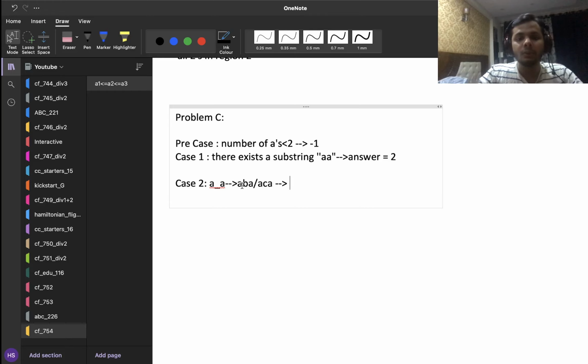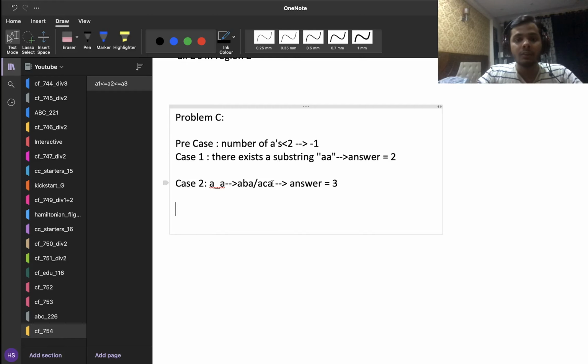Again, in both these cases, that particular substring is good enough because it satisfies all the three conditions. The number of occurrences of A is 2 and that of B is 1 and C is 0. So 2 is greater than 1 and 2 is greater than 0. So I can safely say that the answer here is going to be 3 always.